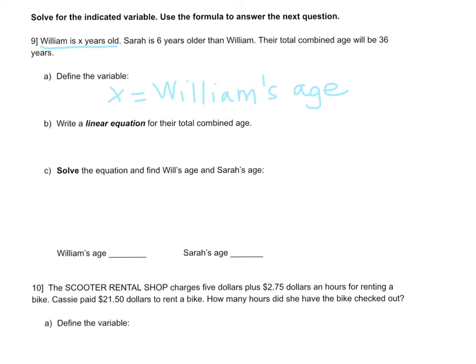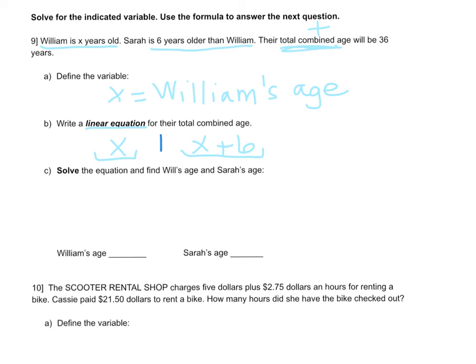Next, we have to write a linear equation. So we're going to use our variables. So we're going to take William. William is X years old. So that's William. And Sarah is 6 years older than William. Okay, so Sarah, you take William's age and add 6 to it. That's Sarah right here. Their total combined age, that's an addition problem.